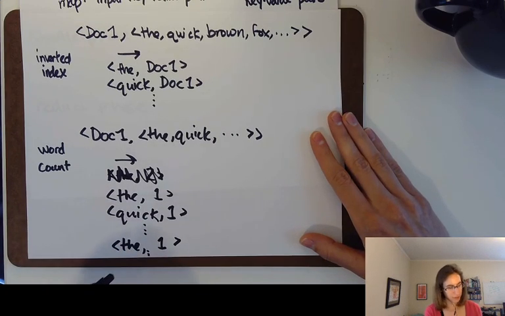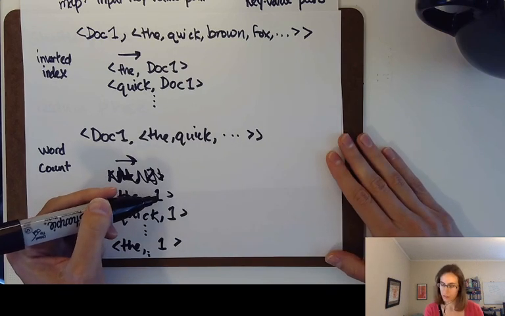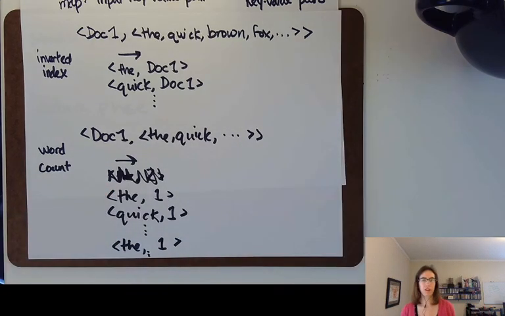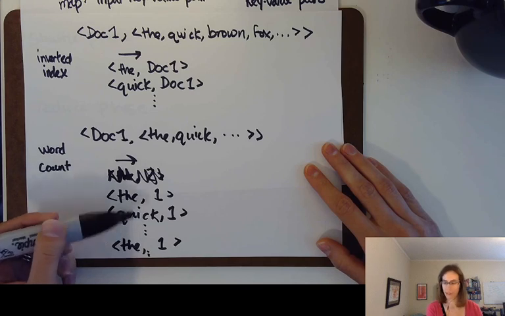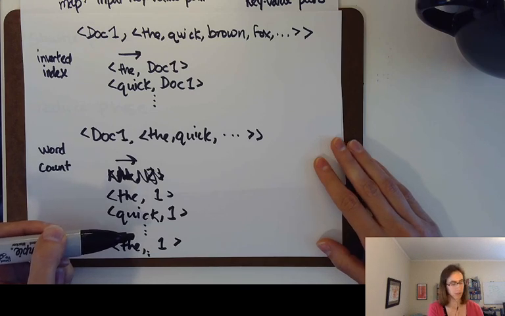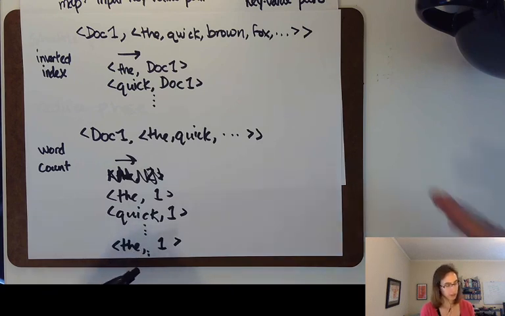So why is it okay to just emit 1 here? Because all of the occurrences of the are going to be added together later. So it's okay to defer that adding until after this phase. It's okay to defer the adding until the reduce phase. However, if we felt like adding it here as an optimization, we could.